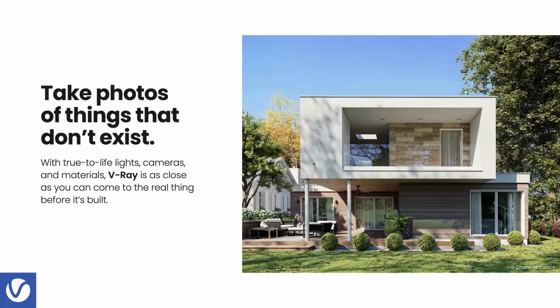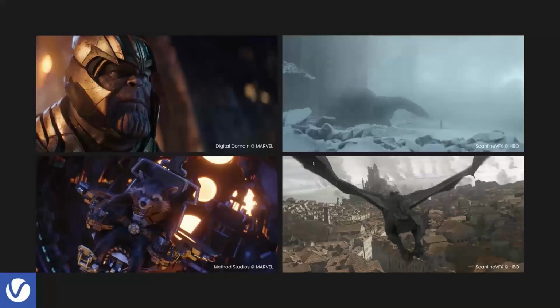before actually building it. So for those of you that know us in the architecture sphere, you might be interested to find out that V-Ray is also used widely across other industries, from visual effects to advertising, automotive, product design, and so on, also because of that realism. Here you can see some examples of Thanos from the Avengers film, or Rocket from Guardians of the Galaxy, or maybe Game of Thrones.